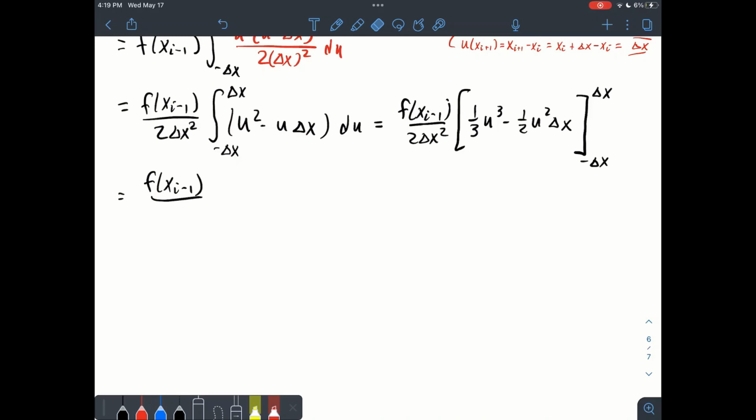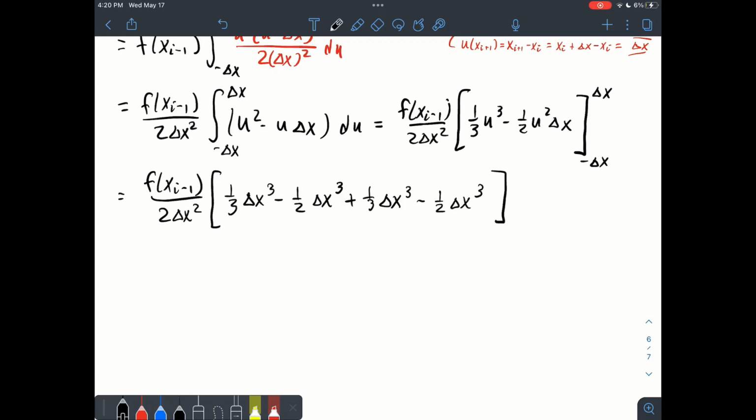Okay, resuming now. So we have this 2 delta x squared, and then we'll have 1/3 delta x cubed minus 1/2 delta x cubed, and then minus, but it's plus 1/3 delta x cubed, and then we have a minus again, 1/2 delta x cubed.